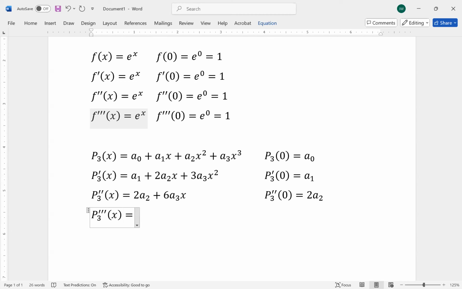And that one's going to give us just 6 times a sub 3. And obviously that's constant, so that when we plug in 0 into our polynomial, we're going to get 6a3.